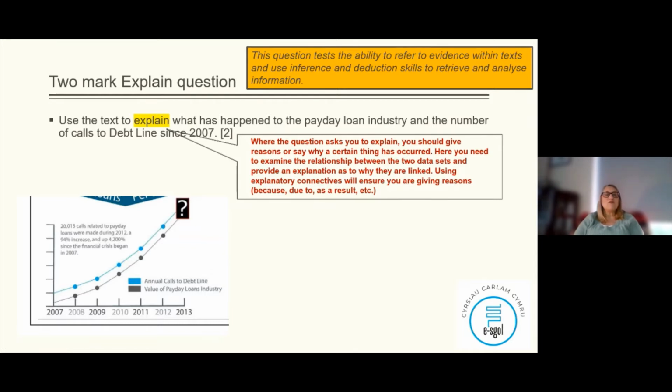The text says 20,013 calls related to payday loans were made during 2012, a 94% increase, and up 4,200% since the financial crisis began in 2007. So there's extra information there to help us with our explanation.